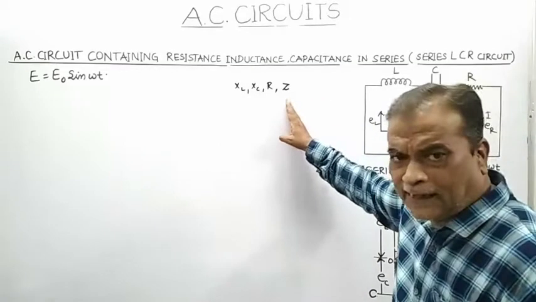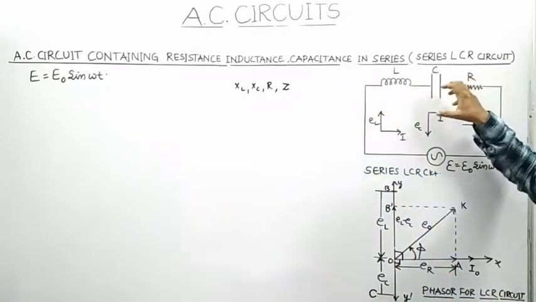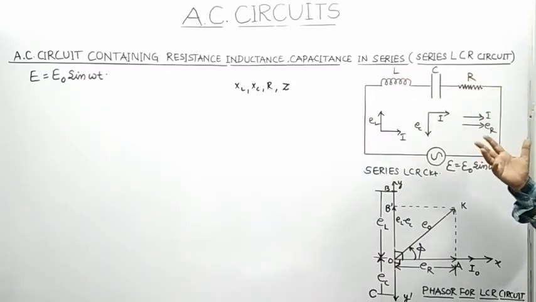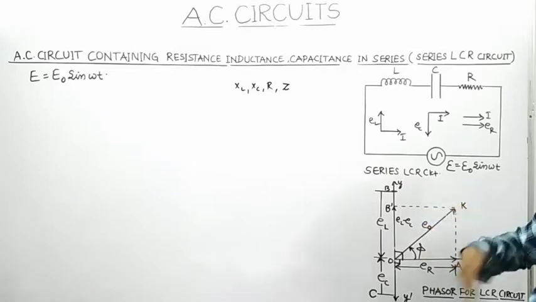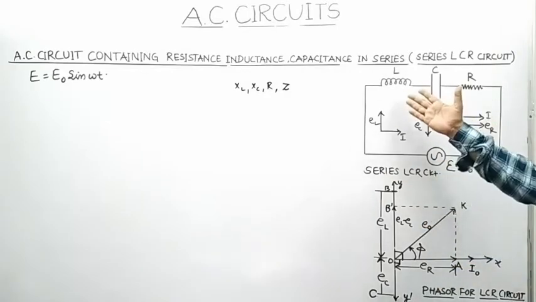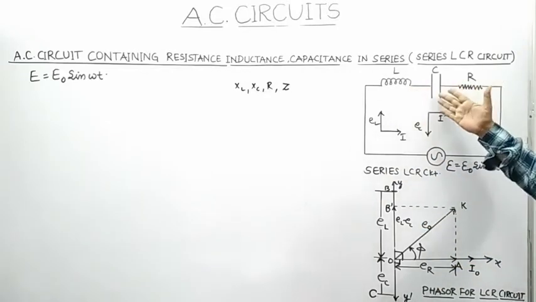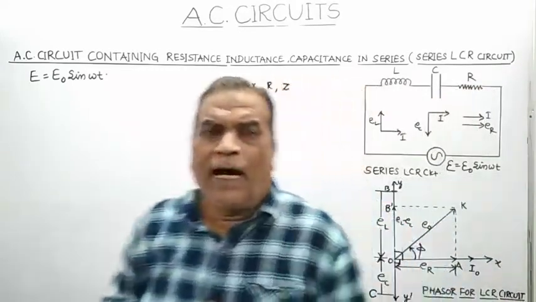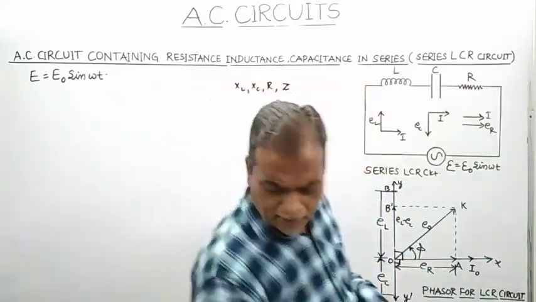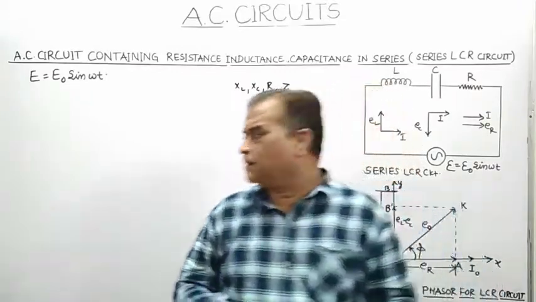It is the total resistance, effective resistance or total opposition offered by an inductor, capacitor and a resistance to the flow of alternating current through it.